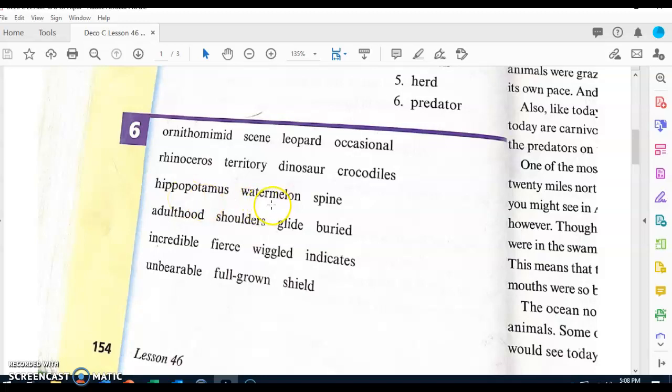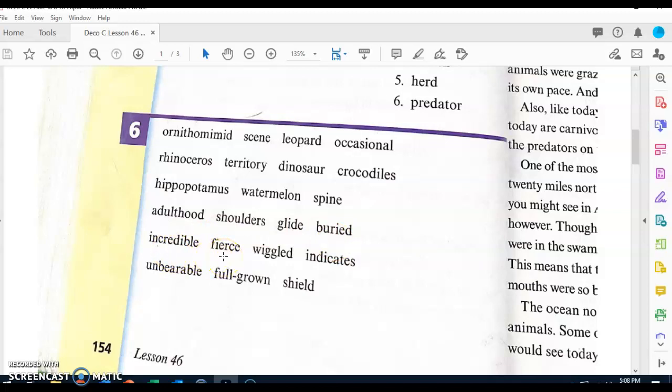hippopotamus. Next word, watermelon. Next word, spine. Next word, adulthood. Next word, shoulders. Next word, glide. Next word, buried. Next word, incredible.